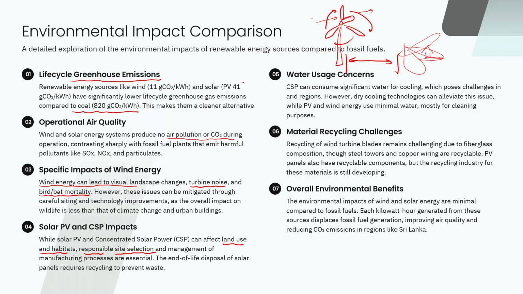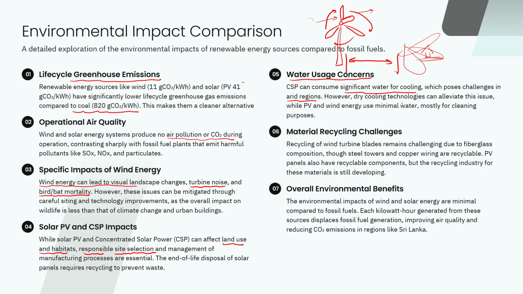If you look at the water usage, the concentrated solar power plants can consume significant water for cooling, right? This poses a challenge in regions where you don't have that much water.